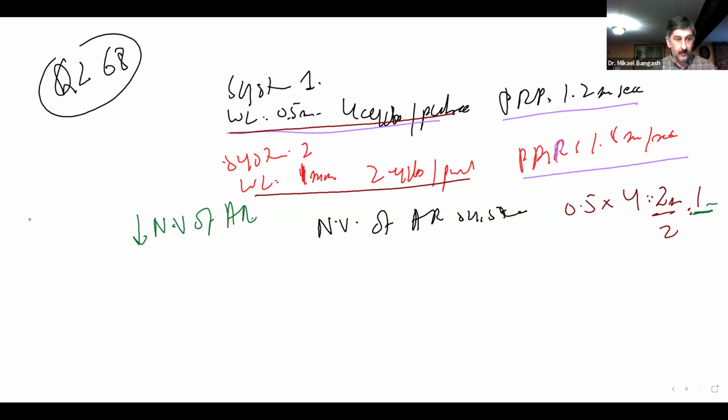Now, as we go to system 2, we have a wavelength of 1 millimeter and 2 cycles. That gives us a spatial pulse length of 2 millimeters, which again is just divided by 2, and the numerical value is going to be 1 millimeter.